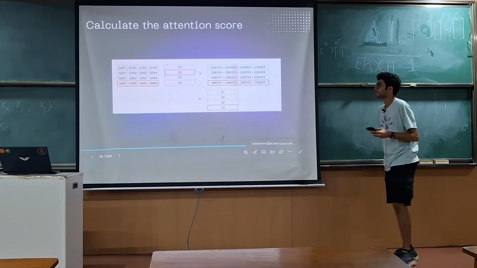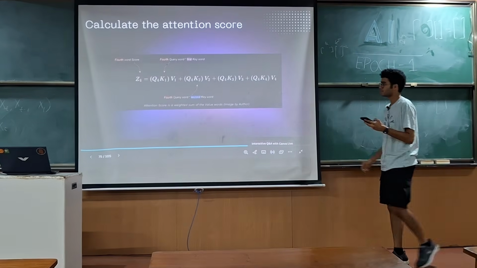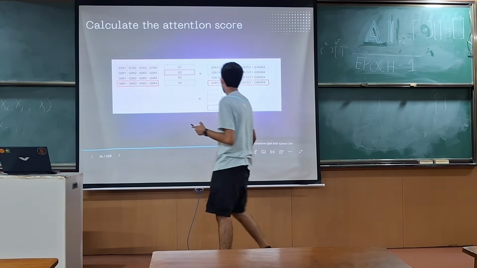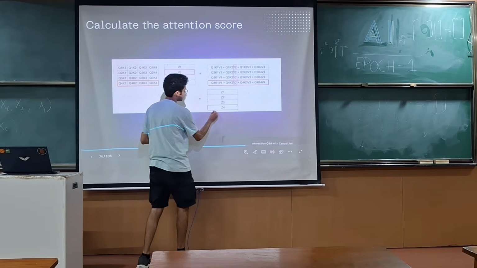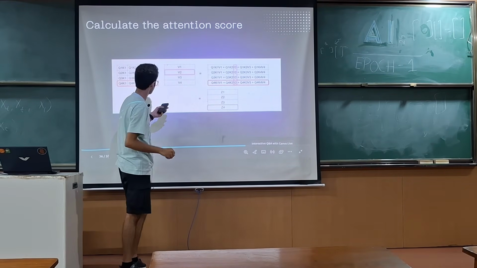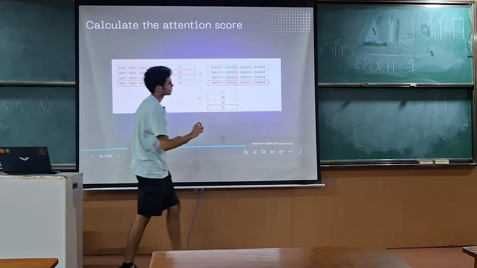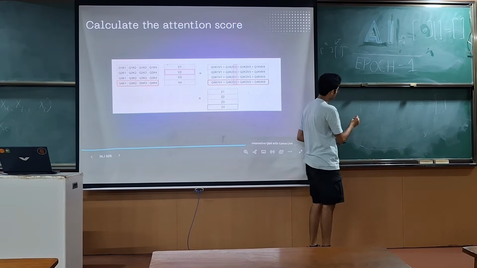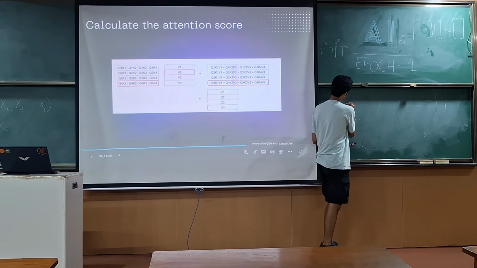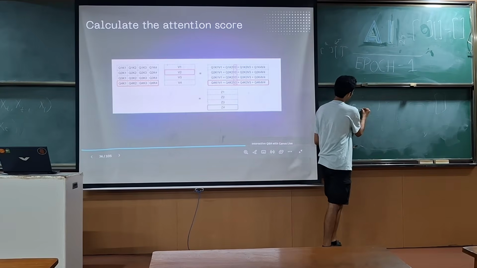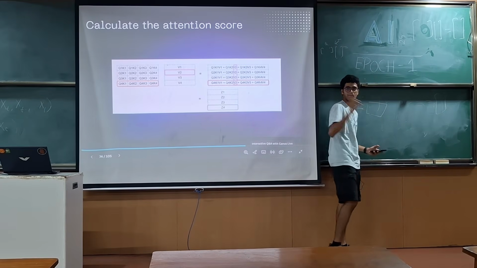Fine. Okay. Now let's try to understand what exactly we did. Say I want to compute the score of Z4. Before I go on, here is what is happening: I give the fourth word to my attention module and it computes the score.